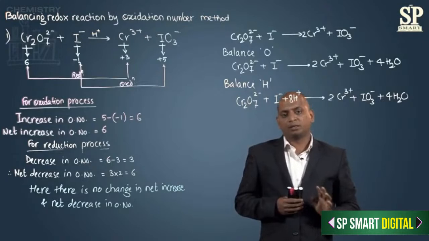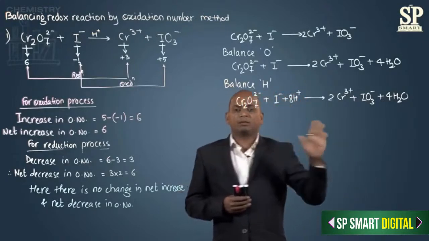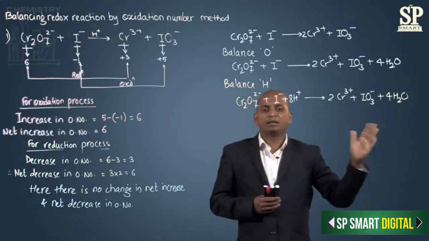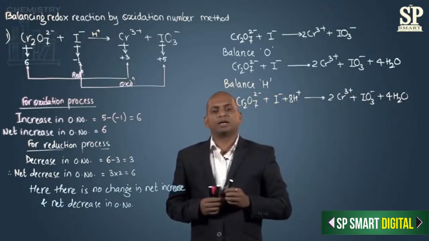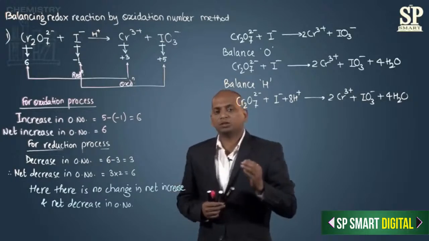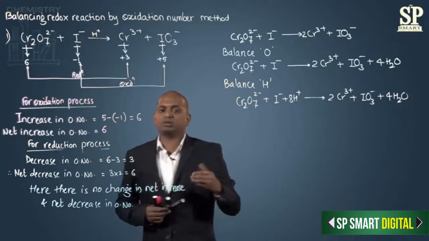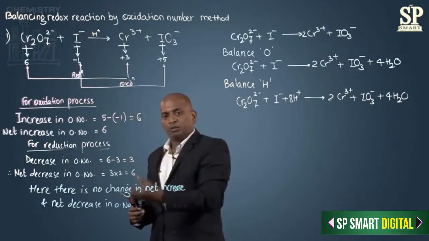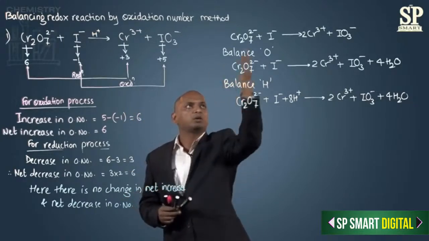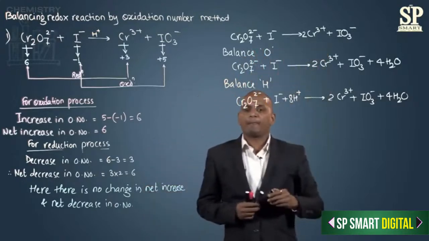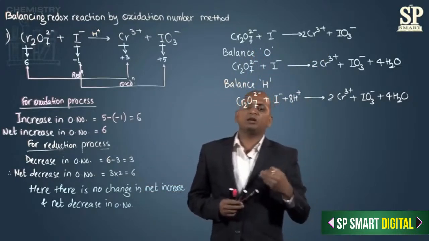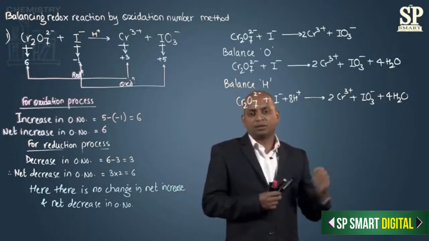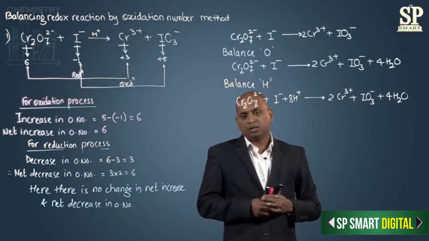So charges are balanced on both sides, atoms are balanced on both sides, therefore this reaction gets balanced. So this is quite a simple way. Once you start practicing it, the steps which I have written over here, no need to write, you can directly go for this reaction. So in almost 3 to 4 steps you can balance the whole redox reaction.